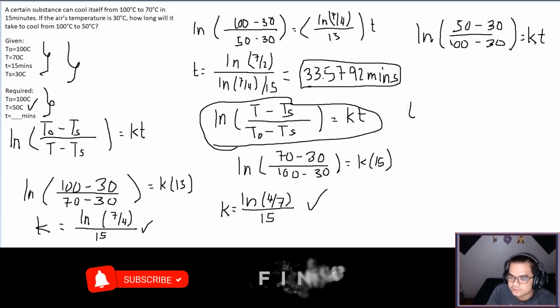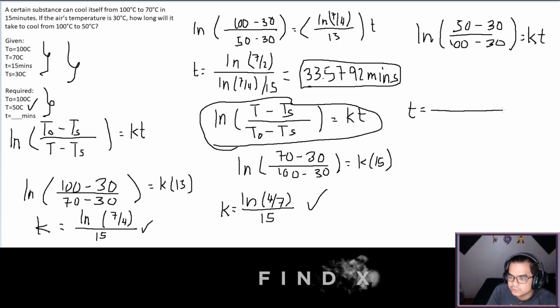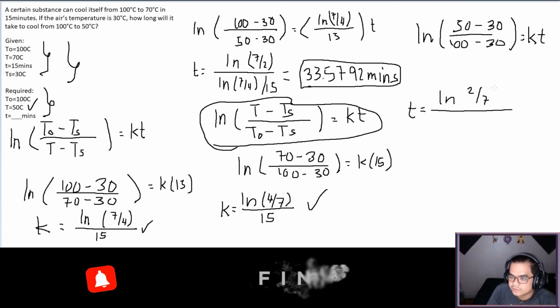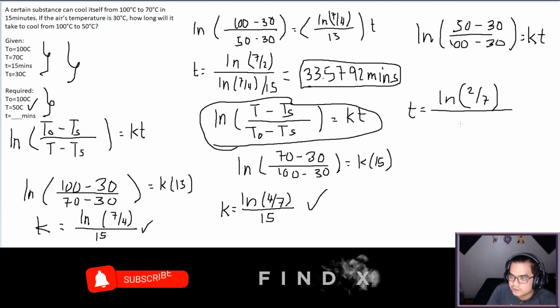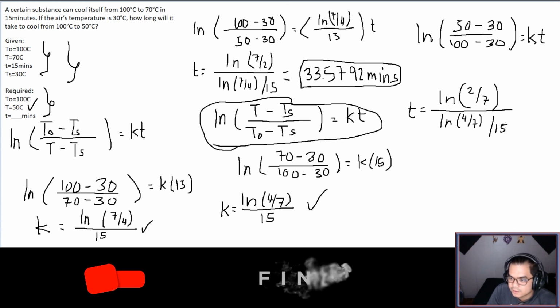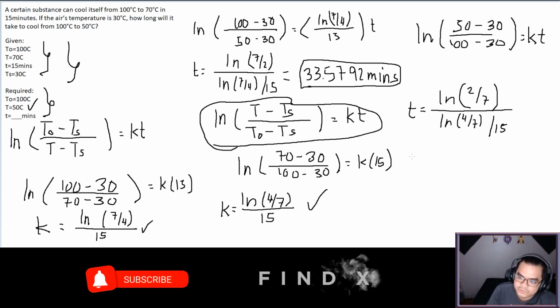So t is just equal to ln of 2 over 7, that is 20 over 70, and then your value of k is ln 4 over 7 all over 15.